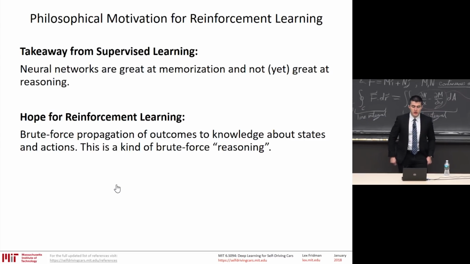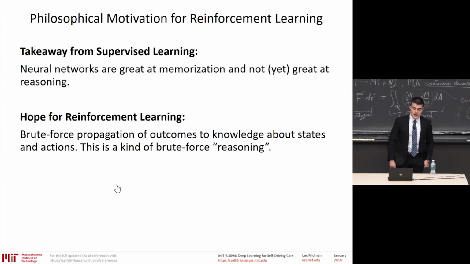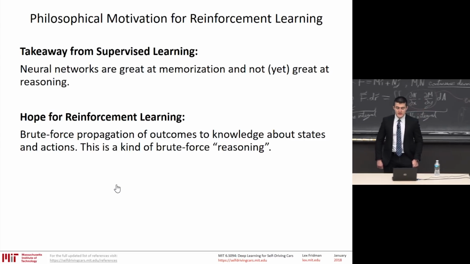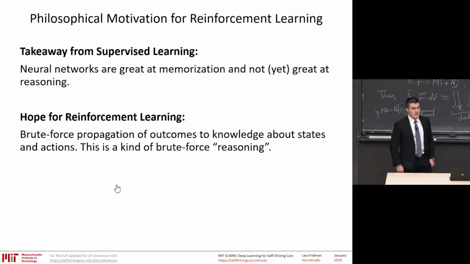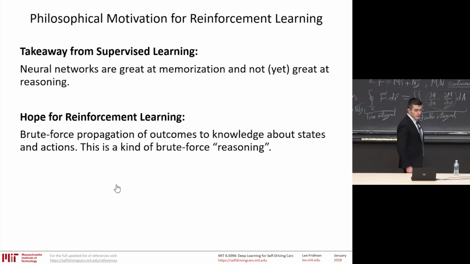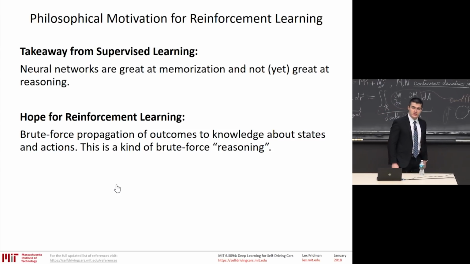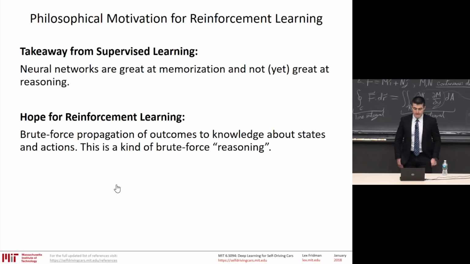So, from supervised learning in lecture 1 to today, supervised learning we can think of as memorization of ground truth data in order to form representations that generalize from that ground truth.